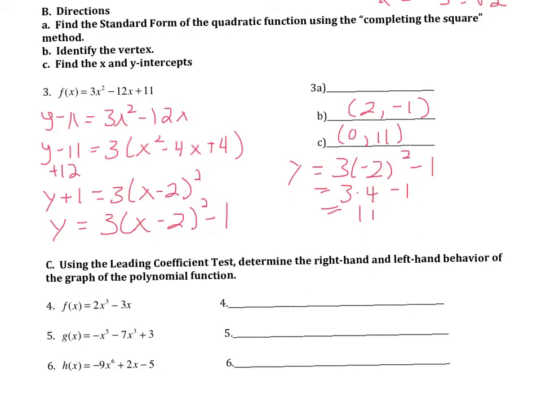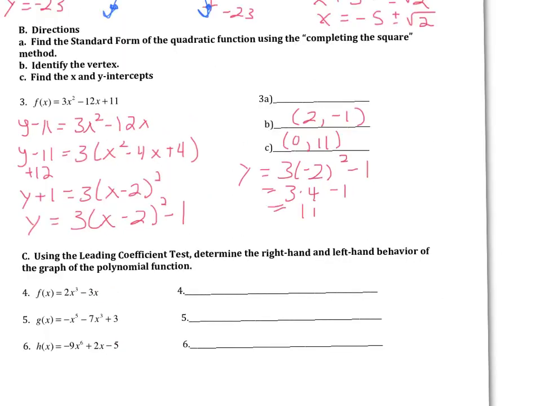And to find my x-intercepts, I'm going to set this thing equal to 0. So I have 0 equals 3 times x minus 2 squared minus 1. So 1 equals 3 times x minus 2 squared. So divided by the 3, we get 1/3 equals x minus 2 squared.